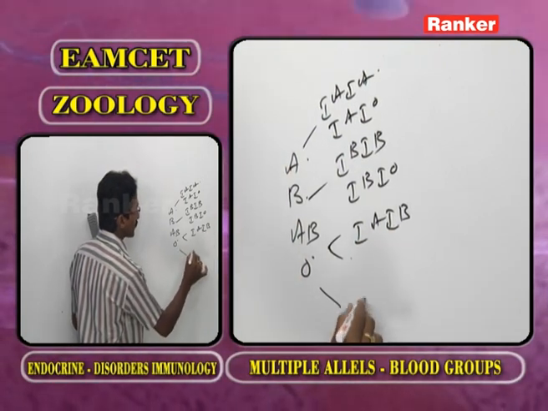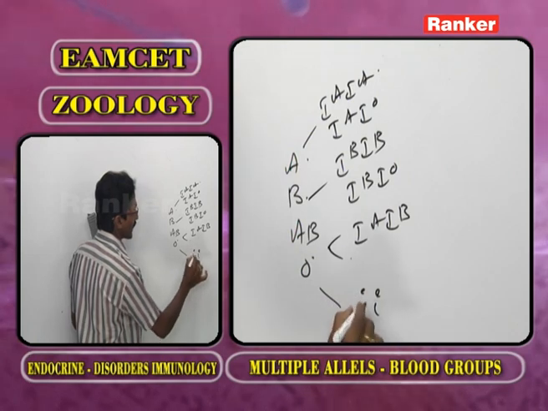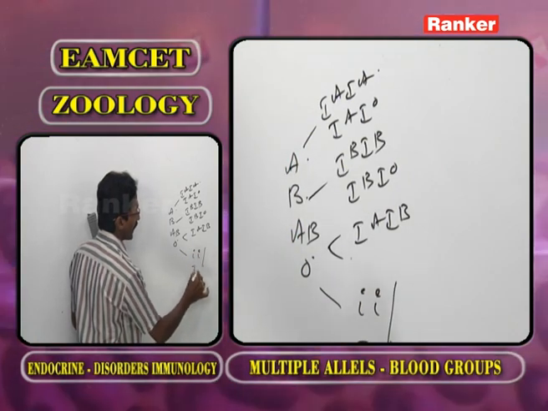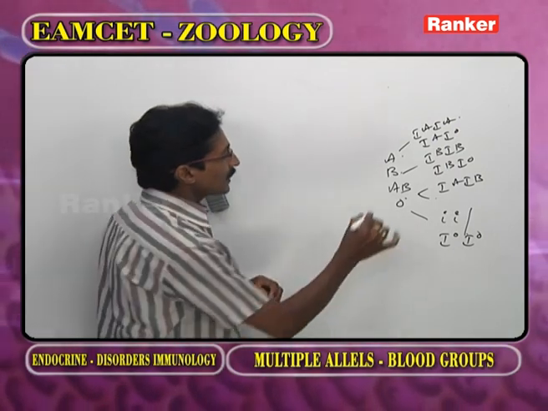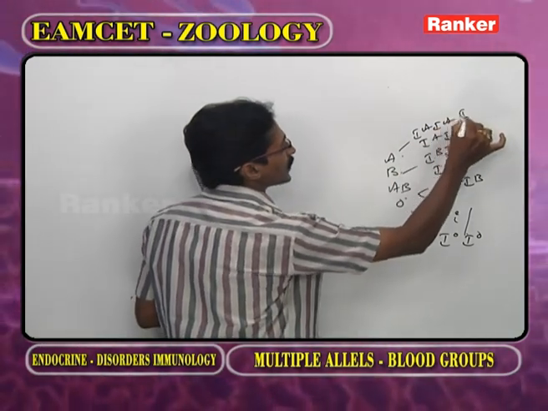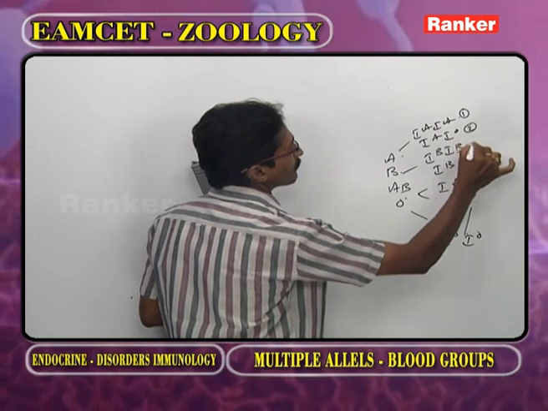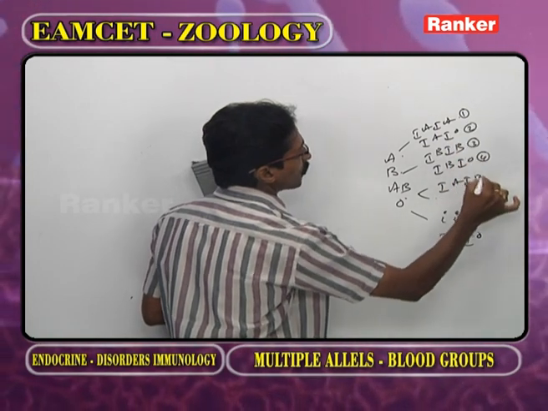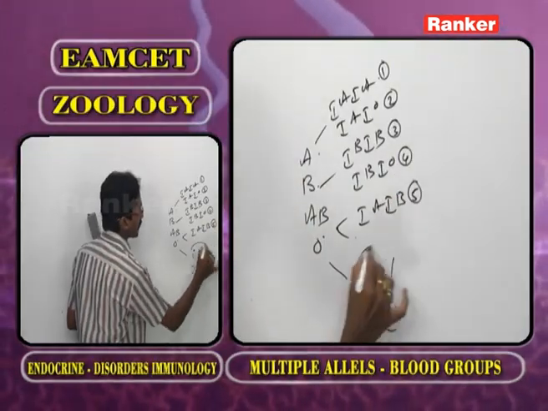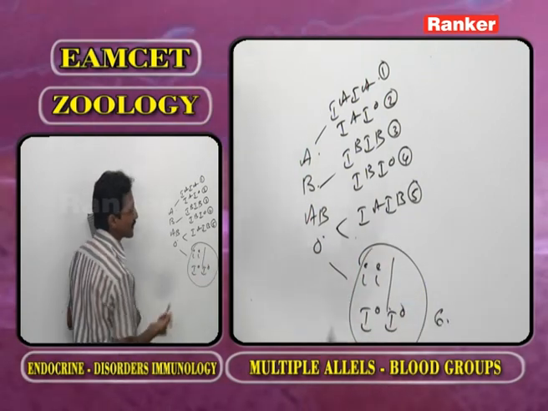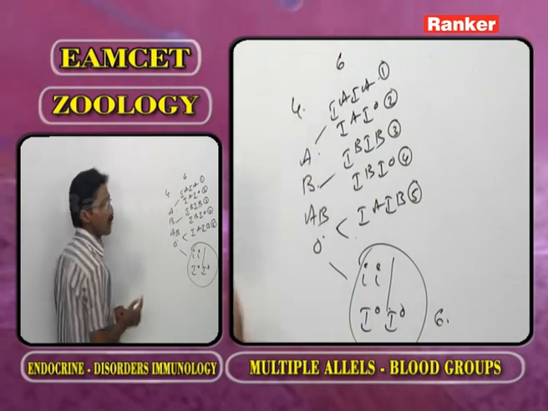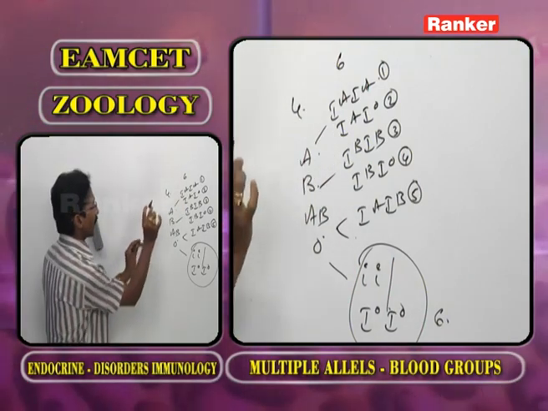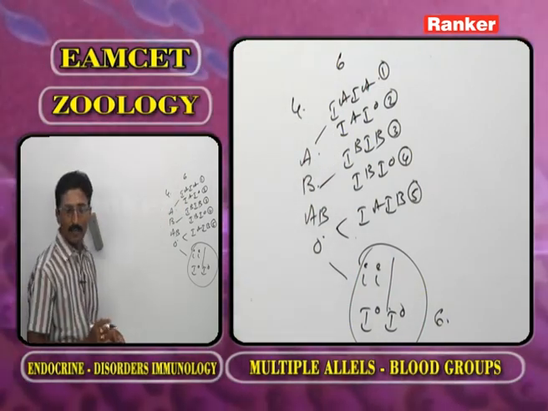And O, it is represented as small i i or IO IO. It is homozygous recessive. Now this is one genotype, second genotype, third genotype, fourth genotype, fifth genotype, and this is the sixth genotype. Number of genotypes 6, number of phenotypes 4. Now this is a small idea regarding the blood groups.